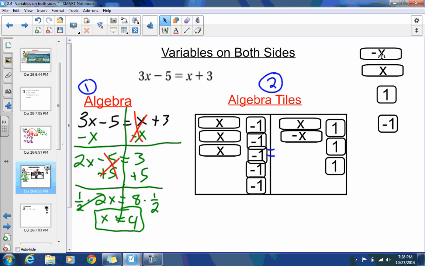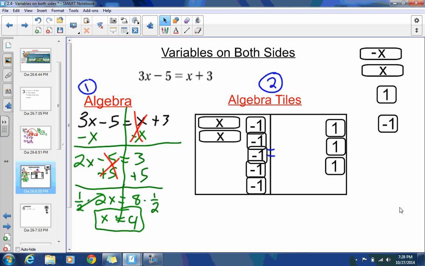And we'll have to do that to this side as well. Now the kind of cool thing about subtracting an x from both sides is that when you subtract an x from an x, they cancel out. So we can take these and delete them. And we can take two of these, the minus and the plus, and delete them.